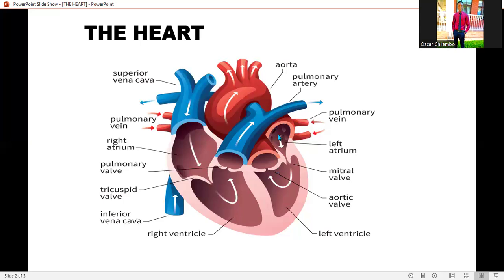These two atria are the ones which receive blood first, then send it into the ventricles. Then from there, it can either be distributed across the body or sent to the lungs for purification. Okay. So you must familiarize yourself with the valves.